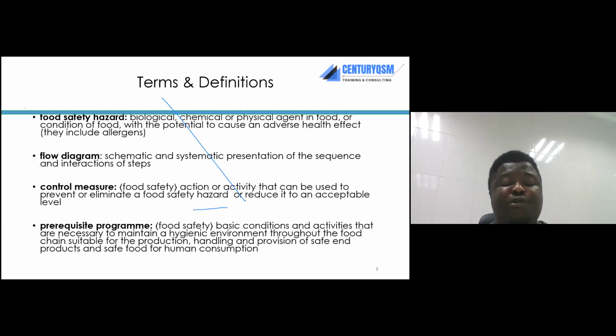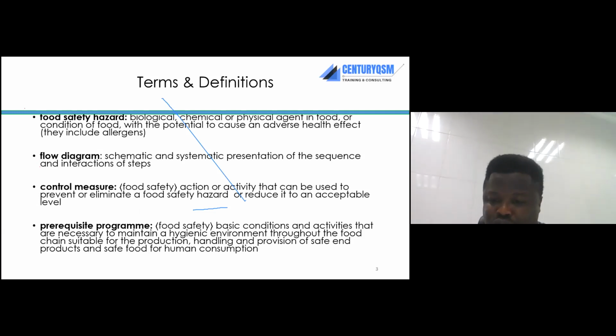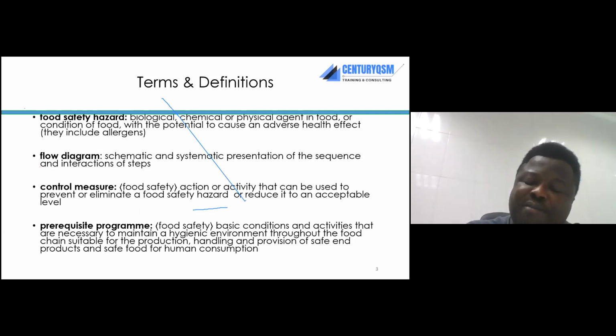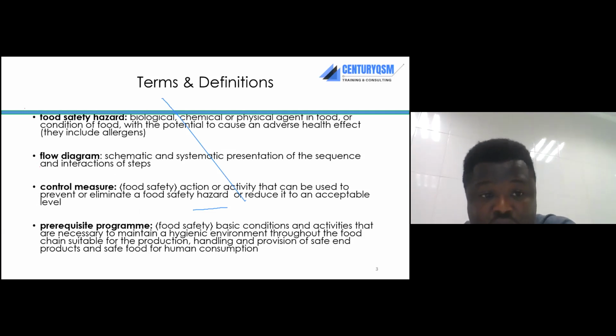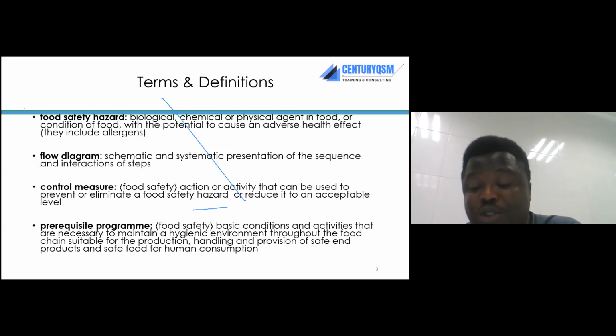Now, food safety hazard, we know what a food safety hazard is, or what hazard is. Hazard is anything that can predispose your food to contamination and also cause adverse effect, especially when that food is consumed. And your hazard can be biological. When you say biological, that one is about microbial hazards. It could be chemical. When you talk about chemical, it might be cleaning agents, sanitizing chemicals, it might be pests, chemicals you use for pest control and all that.